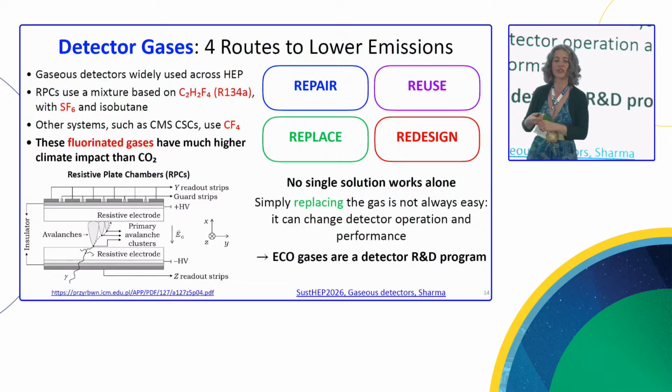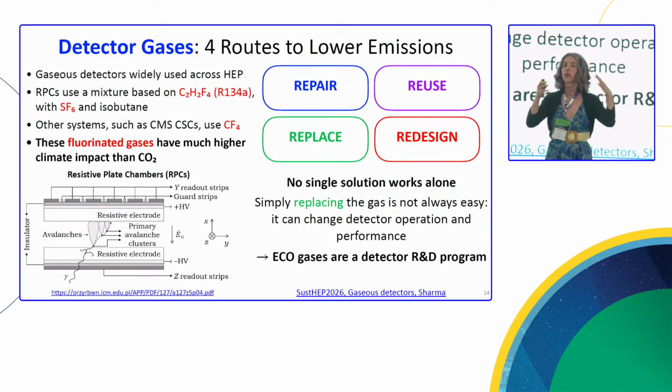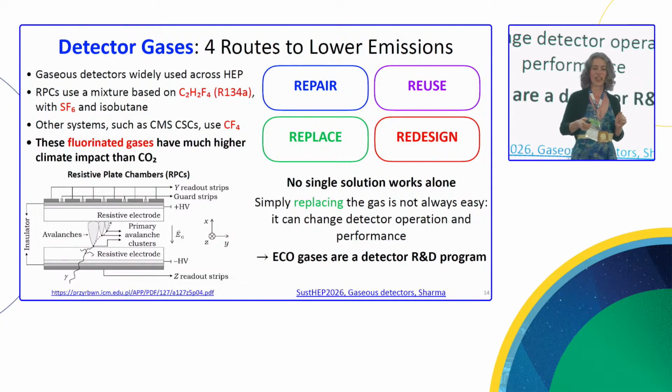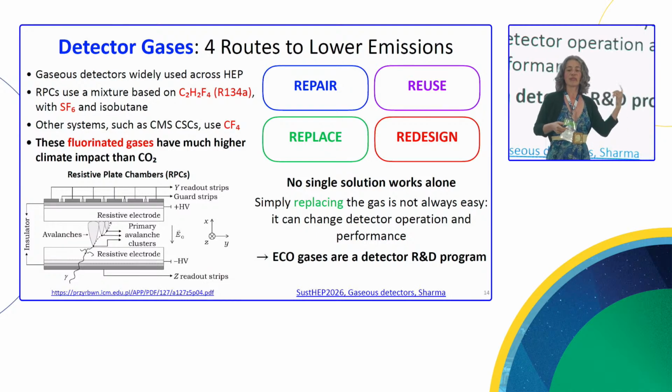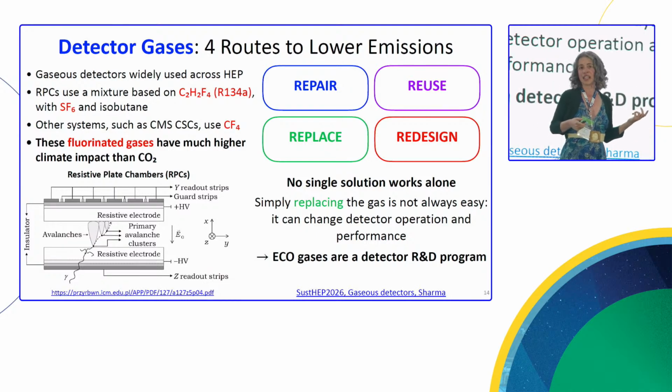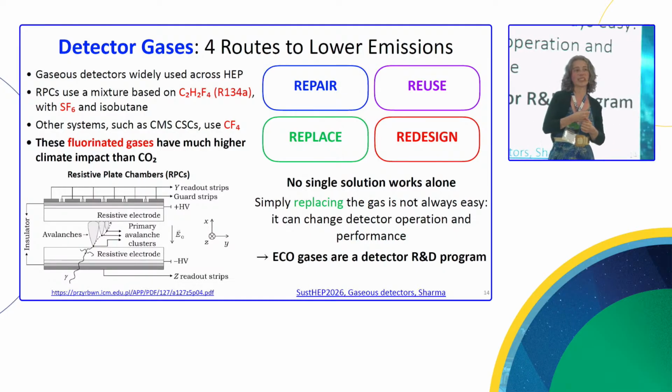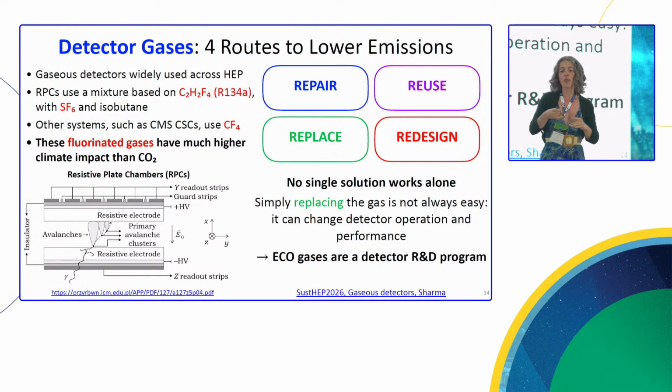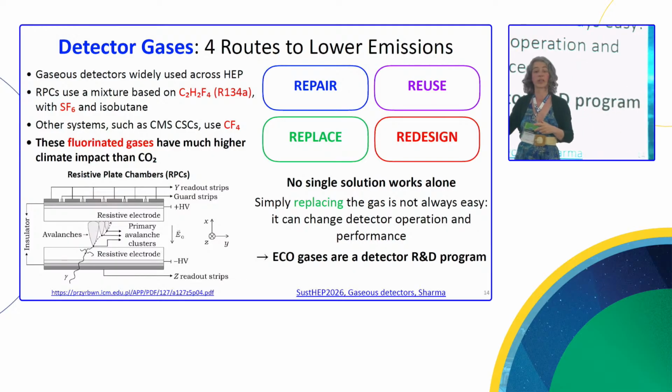So what can we do to lower emissions? I think there's maybe 4 general classes, routes that we can take. So we can repair, reuse, replace, and redesign. And I'm going to explain these 4 in context with examples on the next slide. But just to first say that no one of these solutions should work alone.